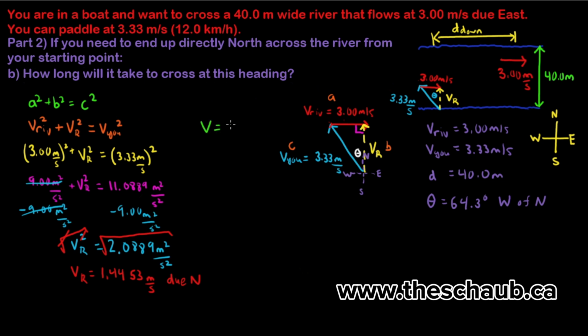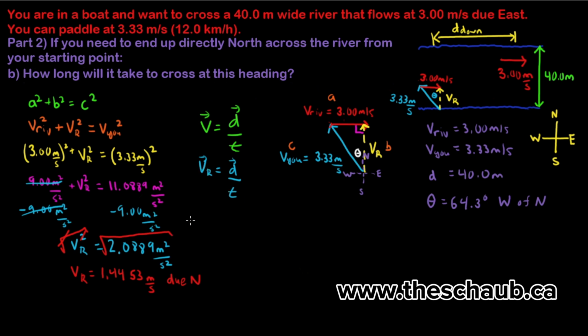V is equal to d over t. Bringing in our variables, our velocity would be our velocity resultant. Our displacement would be our displacement across the river, our 40 meters. And our time would be what we're looking for.